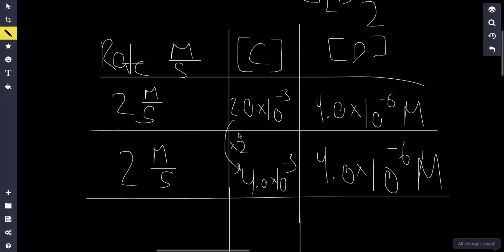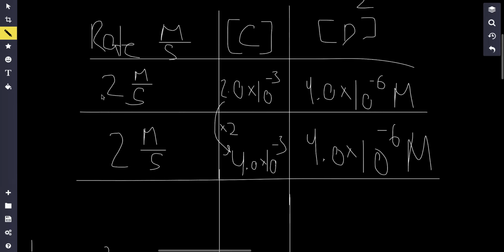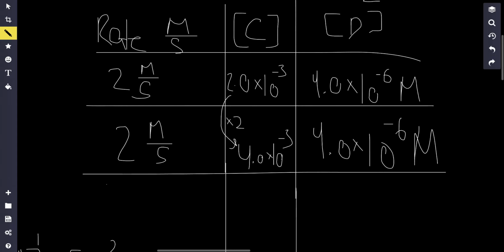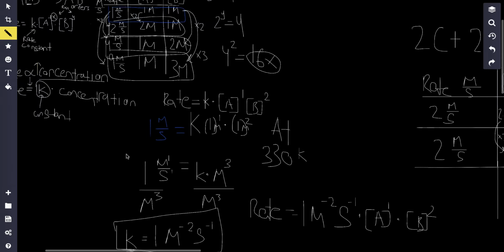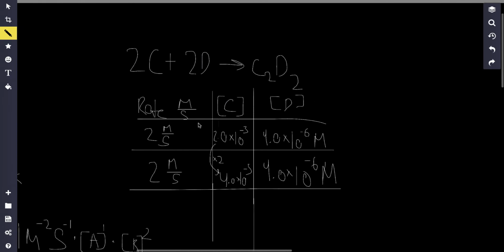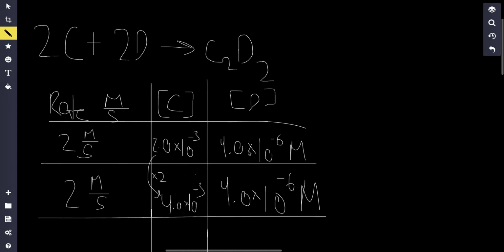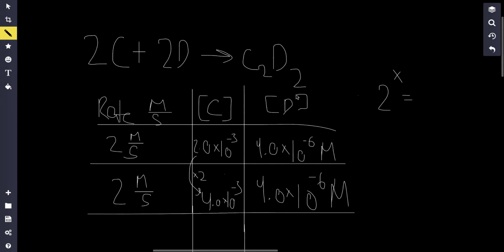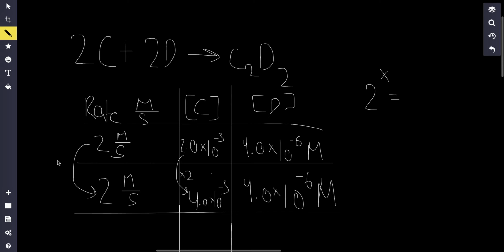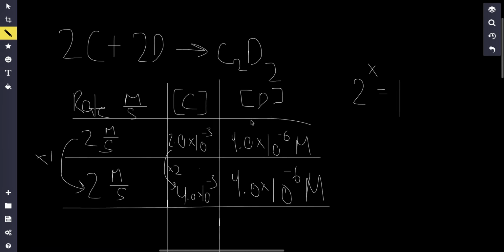Now let's say I change my concentration here, and let's say my reaction rate actually does not change. What happens here? Well, you doubled the concentration, and the rate of the reaction didn't increase.